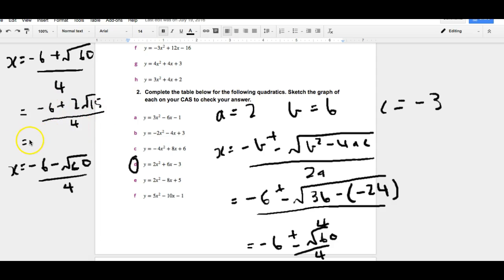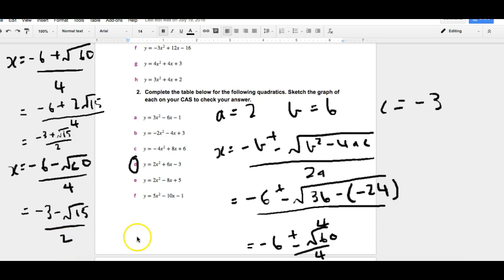And then things get simplified. So the highest common factor in 6, 2 and 4 is 2. So this becomes -3 plus root 15 over 2. And then you don't really need to do all this working because we've already got it. So -3 minus root 15 on 2.